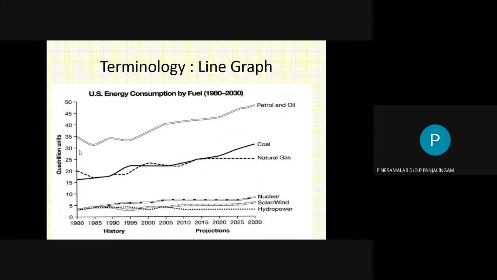So for example, if you have for petrol and oil, you can say at the beginning of the period in 1980, 35 quadrillion units of petrol and oil were consumed in the US, and this decreased until 1985, and then you can analyze the rest of the chart.